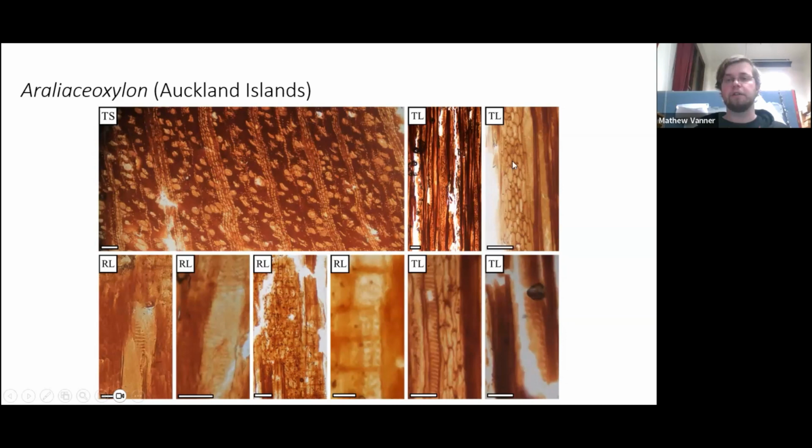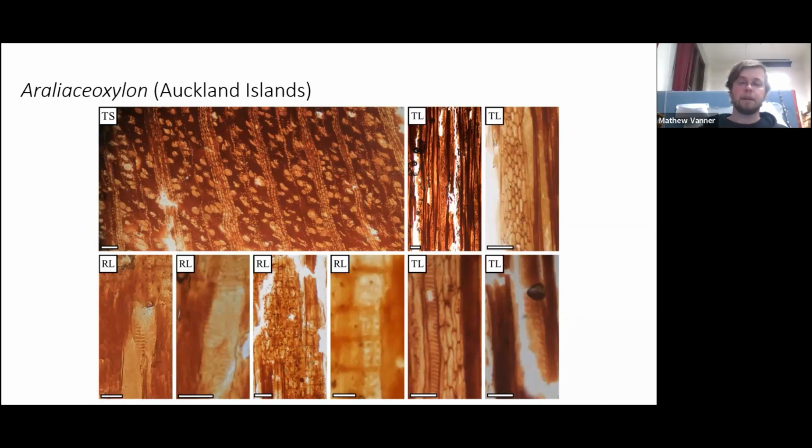It has between 5 and 10 seriate rays, which are incredibly tall. These rays can be millimeter scale tall, which surprised me quite a lot. Really nicely preserved scalariform perforation plates, quite nicely preserved vessel ray pits, and other intervessel pits of various types.